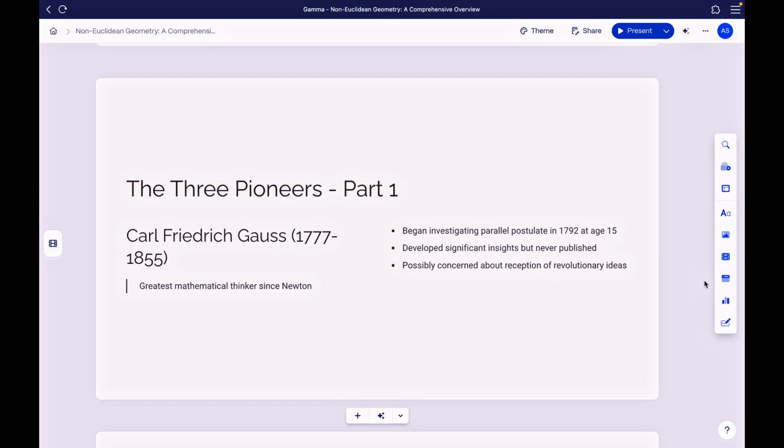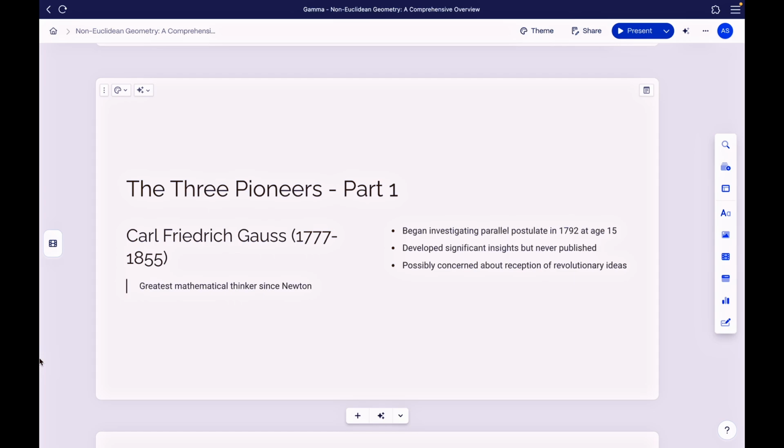There are 3 main pioneers of non-Euclidean geometry. Carl Friedrich Gauss is the first one. He lived from 1777 to 1855. Many people say he is the greatest mathematical thinker since Isaac Newton, the guy whose apple fell on his head and he suddenly created the law of gravitation.